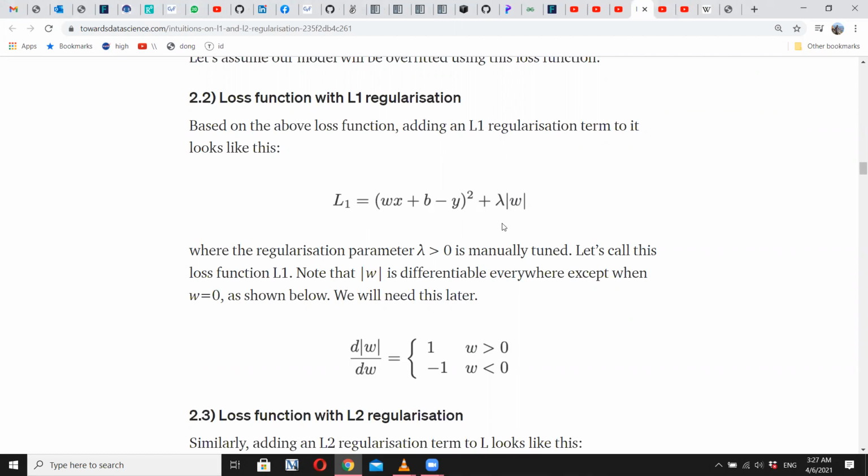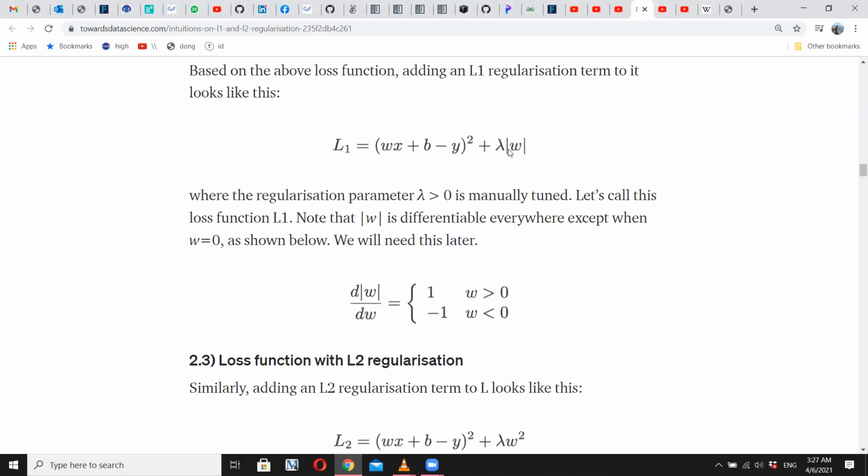Now the problem is, what is the derivative of the absolute value of W with respect to W? Since this is the absolute sign, it depends on whether W is positive or negative. So d by dx of absolute x is 1 if x is greater than 0, and it's minus 1 if x is negative, right?